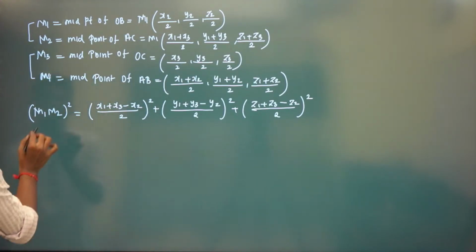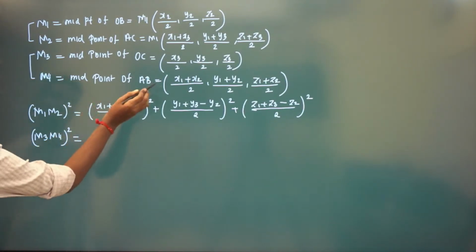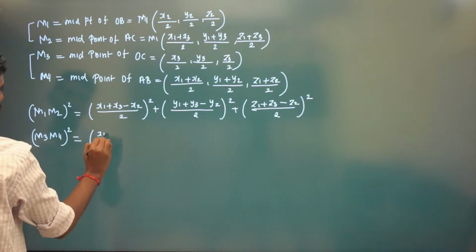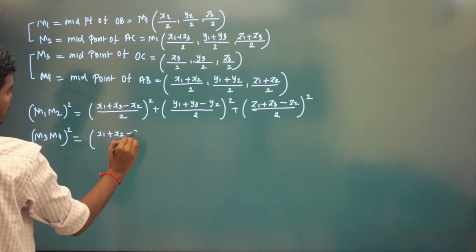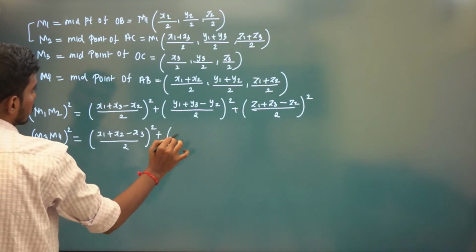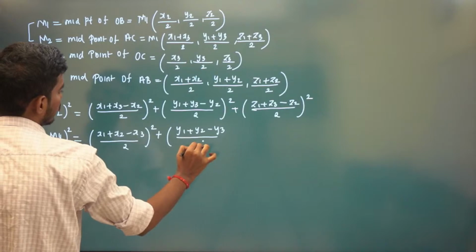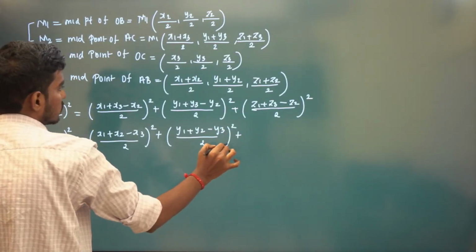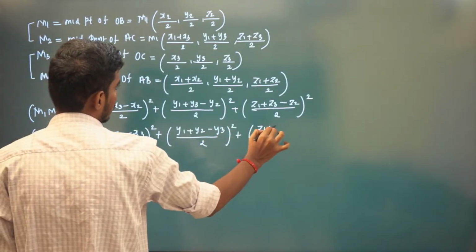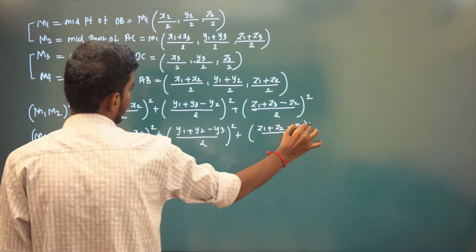Right? Now, similarly, what about M3 M4 whole square? It will be (x1 plus x2 minus x3) by 2 whole square, plus (y1 plus y2 minus y3) by 2 whole square, plus (z1 plus z2 minus z3) by 2 whole square.